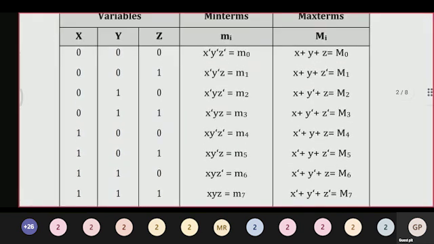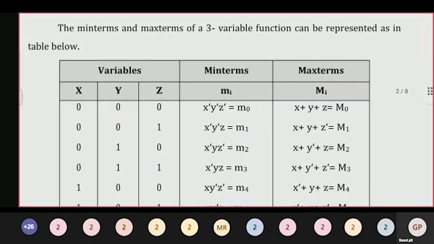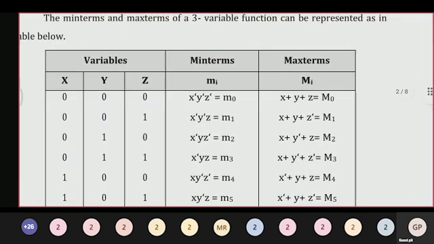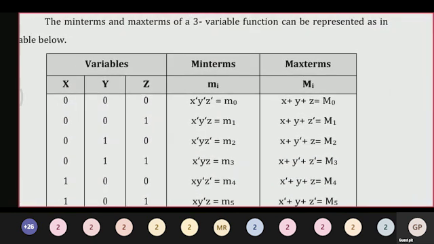Now let's see how the variables are represented in max terms. For 0 0 0, in a max term 0 is represented in the actual variable.